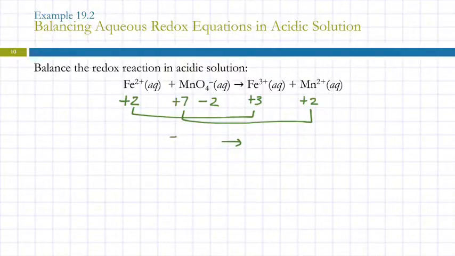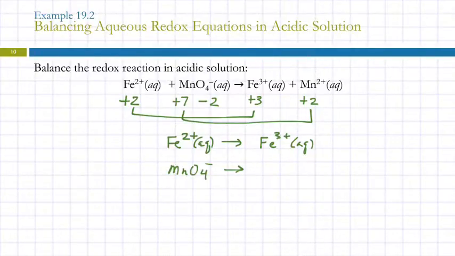So we've got Fe2+ on the left and Fe3+ on the right. For the second reaction, we have MnO4- aqueous on the left and Mn2+ on the right.